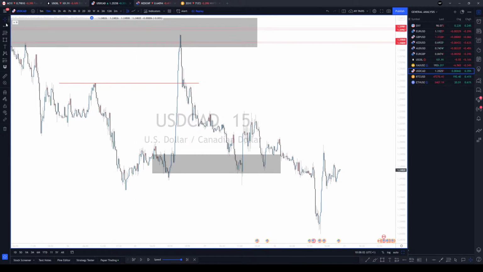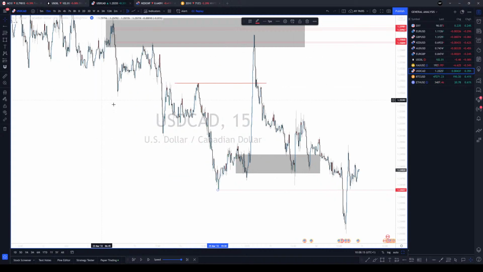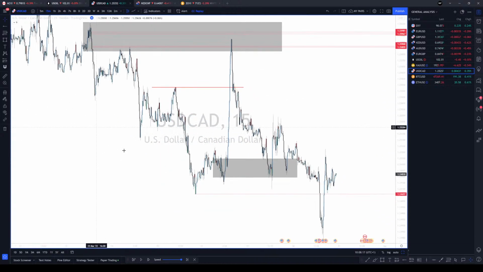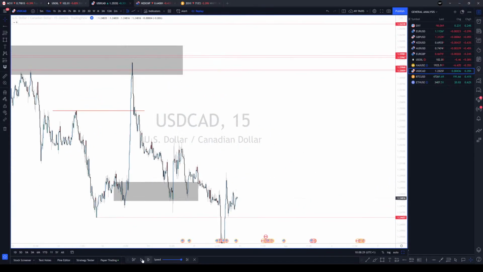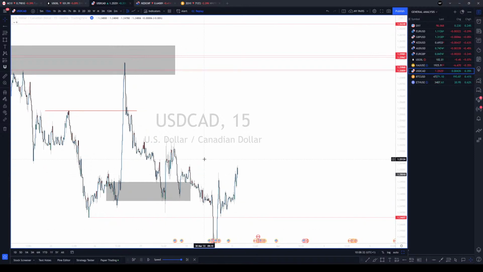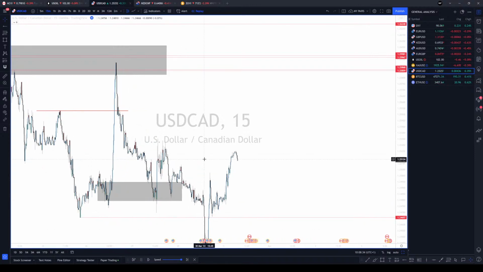Okay, the algorithm needed to send price below this low first before coming back up again, because the weekly range started from last week here and then ended there. So when we started this new week, all this was just a pullback, and then they send it back below that low. So that's where we're currently at.